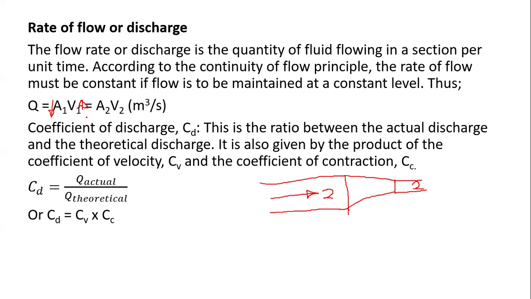Here, where the area is very big, the velocity at which the liquid is flowing is small. But what is constant is the rate at which this liquid is flowing, or the discharge.